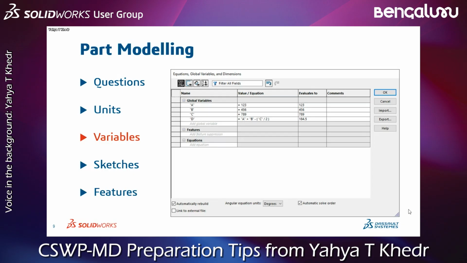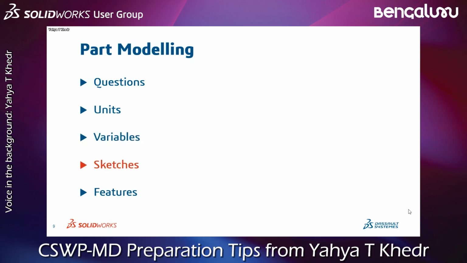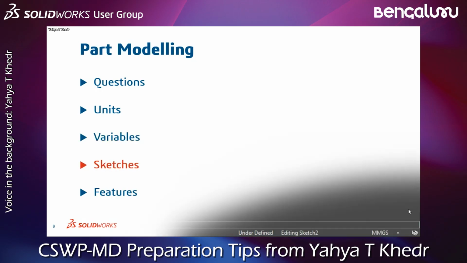And speaking of fully defining sketches, this is the next part. We also mentioned that there are multiple ways to verify that your sketches are fully defined. And as Tutor Toby mentions, you've got to fully define every time. So if you go back again to the status bar on the bottom right corner, you're going to find it saying underdefined or fully defined or overdefined, whatever the status might be.